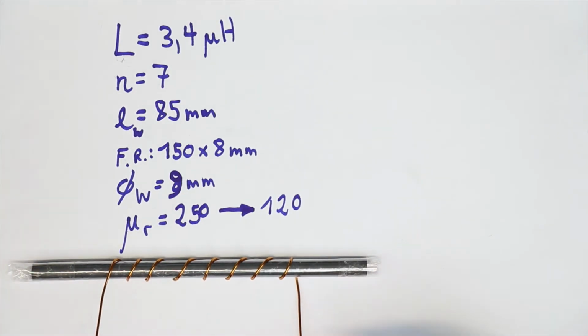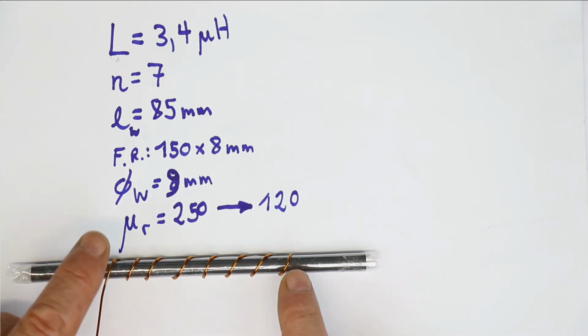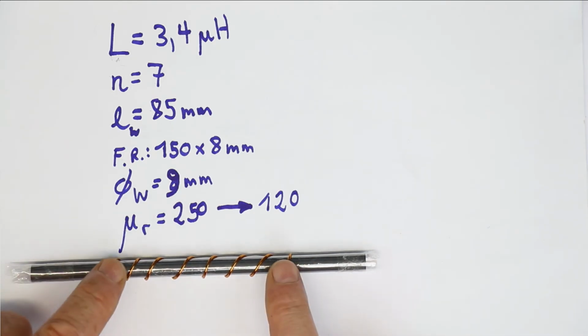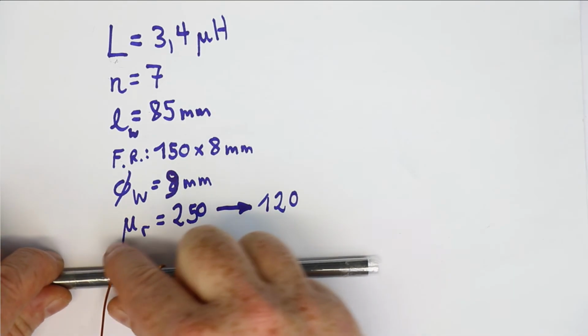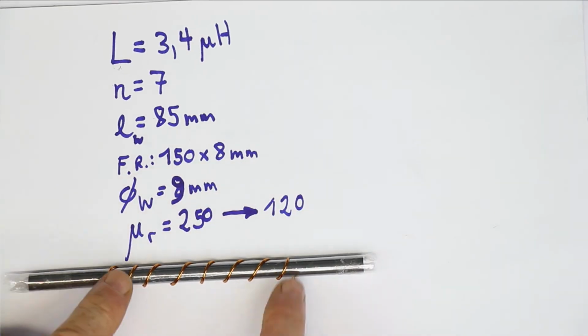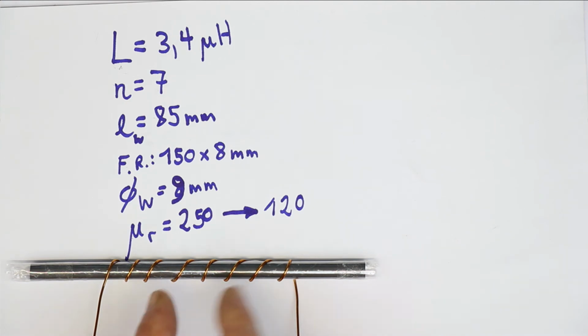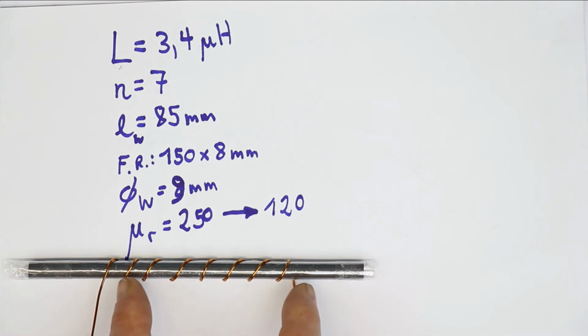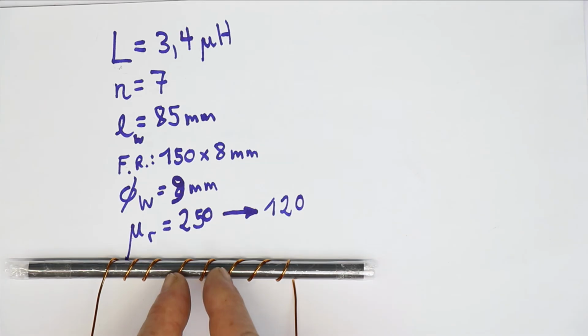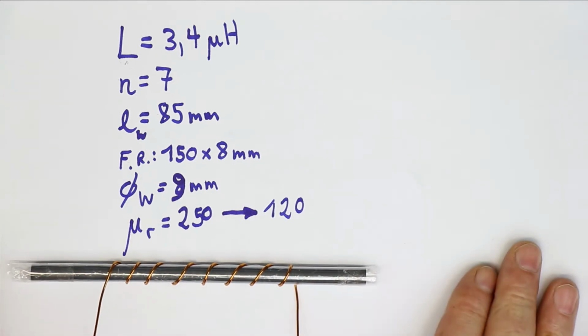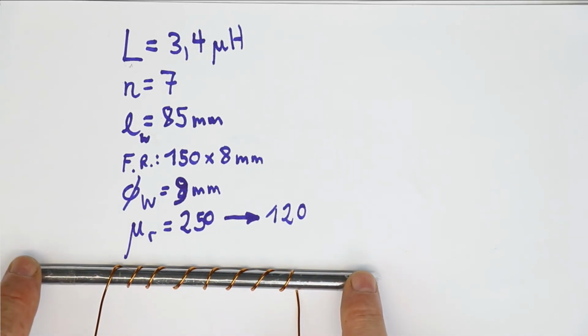There are still some more factors that have an effect on the inductance. As I already mentioned, it's just the position of the coil on the rod. And here we have spread the winding over a quite substantial part of the ferrite rod.